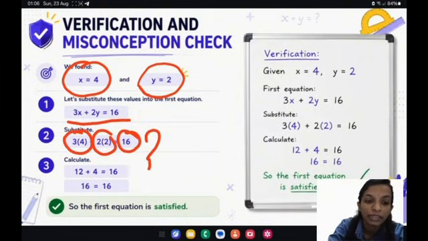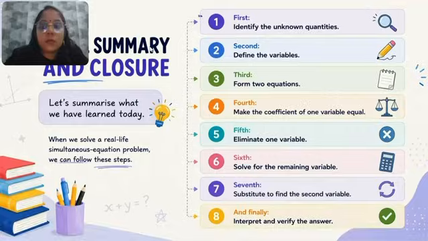When we calculate, it becomes 12 plus 4 equals 16. So 16 equals 16. So the first equation is satisfied.